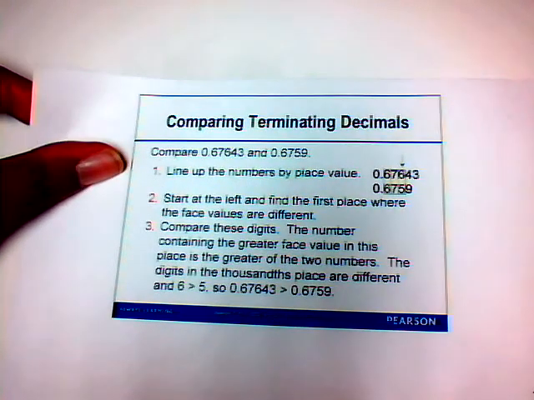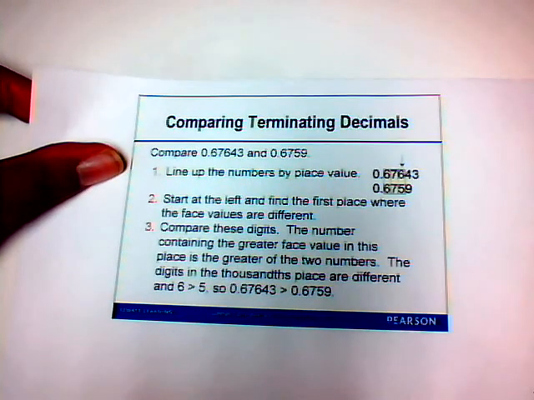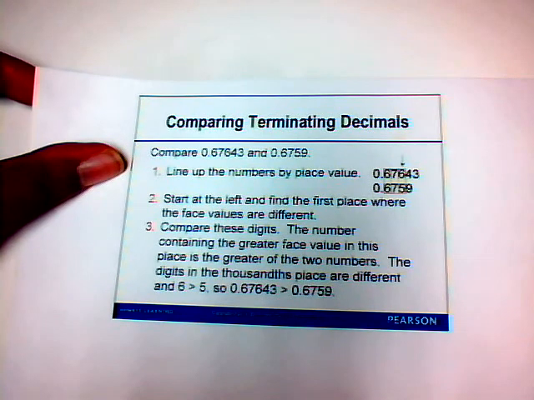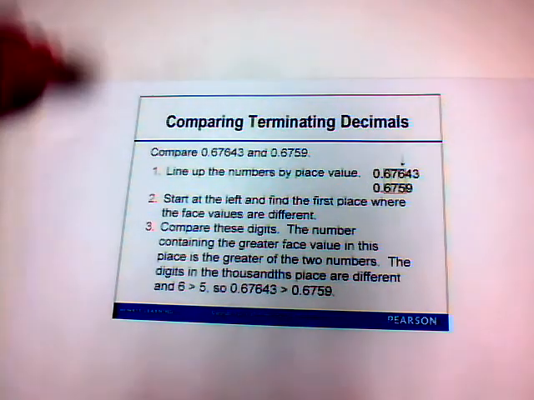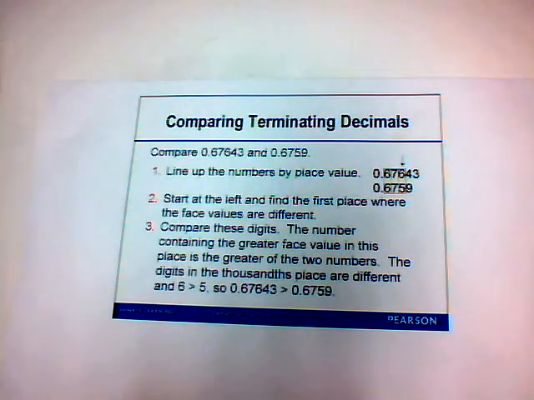So this is how you would compare terminating decimals. Just line up your numbers by place value, and then start comparing each place value position until you get to the place value position where the face values are different. All right, so that would conclude this particular section on the introduction of decimals.